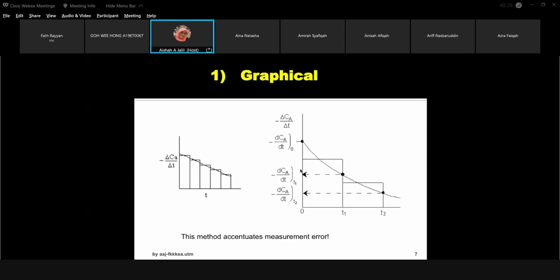So this is the negative dCA over dt at t equals 0. This is the point for negative dCA per dt at time t1, and continue at time t2, and then you can get a set of data.